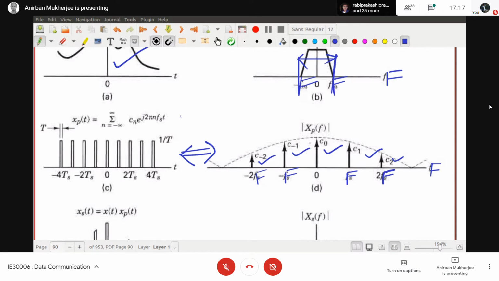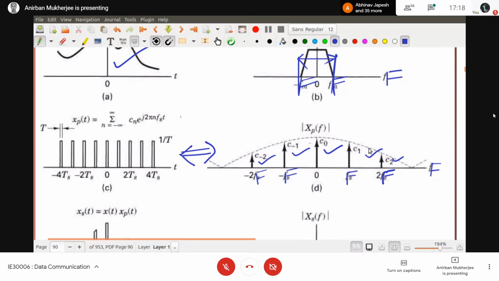Can you calculate the Fourier series coefficients c_0, c_1, all these terms, if the pulse train is given? Yes, sir. Okay.